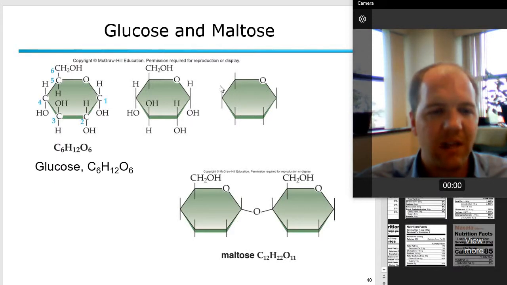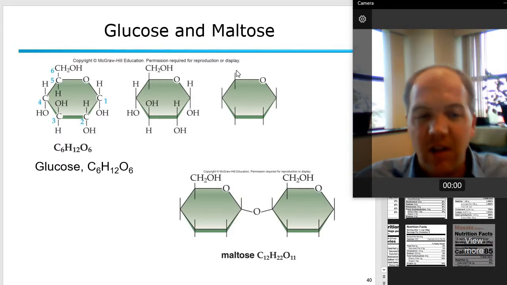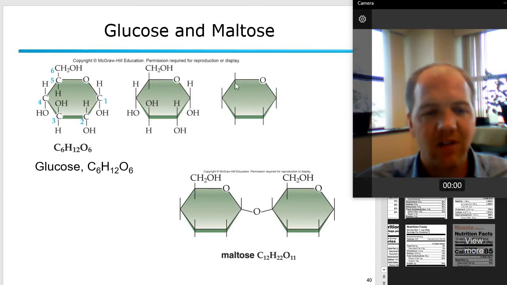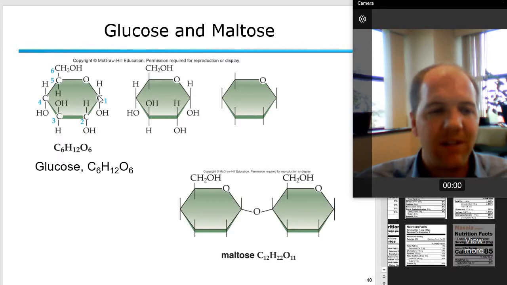All they've done is they've taken off the carbons and the hydrogens, and they just become understood, because it becomes complicated to write them all every time. So if you see this little hexagonal shaped molecule, then that's going to be a glucose molecule. Now by taking a hydrogen from one and a hydroxide from the other, we bond these together and we form maltose, so two glucose molecules.